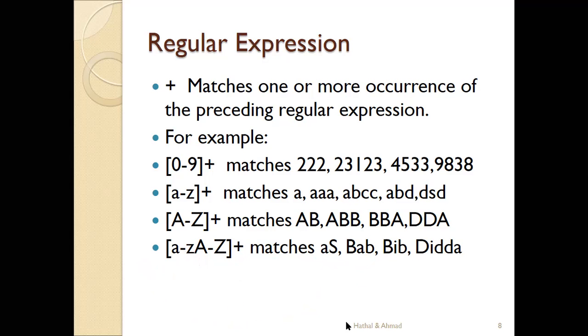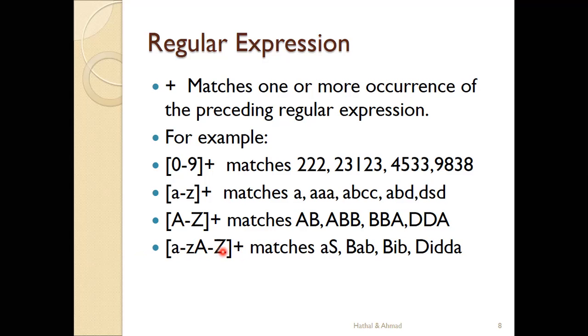The next input in the string is B, so in order to match this one, we can select the B from the character class. The plus is an expression which allows you to select the occurrence of the preceding expression. The expression present before a plus is called the preceding expression.